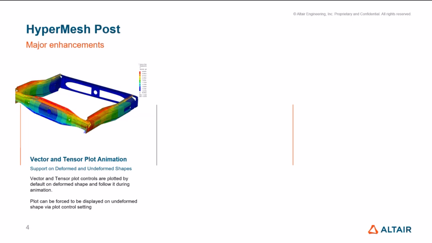In 2025, we have finally released the vector and tensor plot control to follow the deformation and to be part of the animations, together with the contour plot and the marker plot.